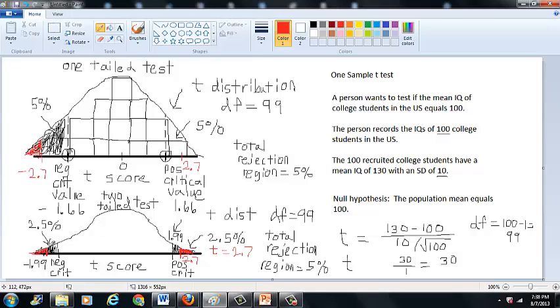And so the total of this black shaded area and this black shaded area is 5%. And if you're in the rejection region, your p-value, which is the orange area, has to be less than 5%, because it's less than the total of the two shaded areas.